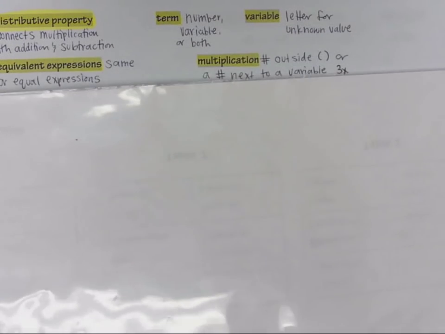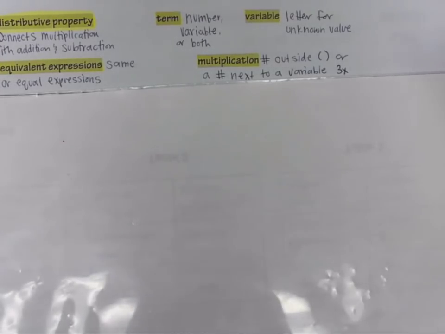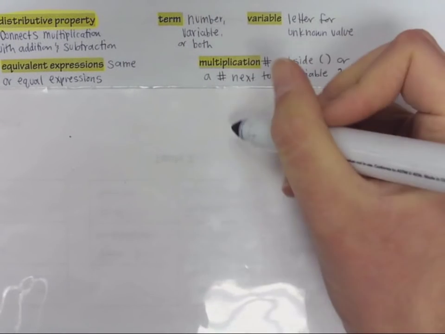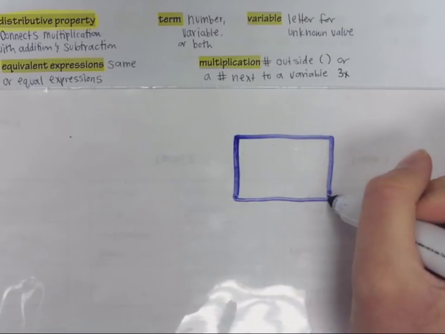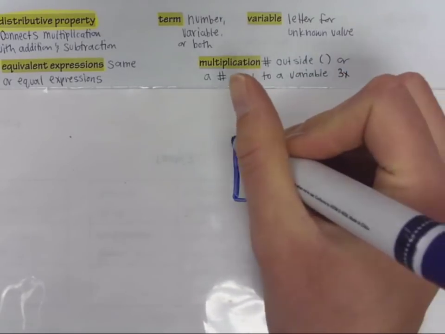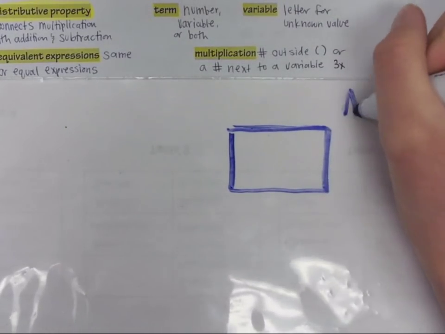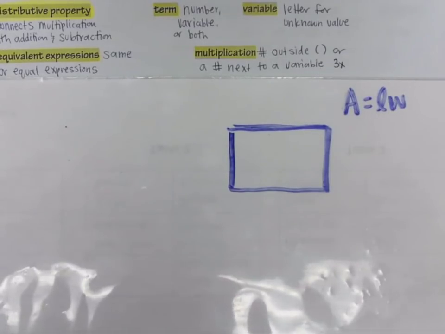Right here on the back of this, I want to demonstrate the idea that we're doing today by drawing an area map. If I have a rectangle, and you can write this down or you can just watch for a minute, you're going to be writing your own in a minute. If I have a rectangle, I know that to find my area, I can do length times width.